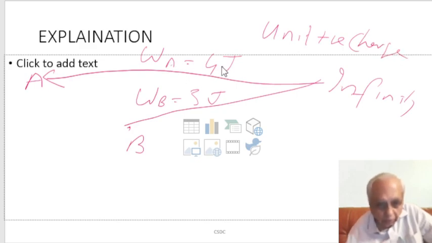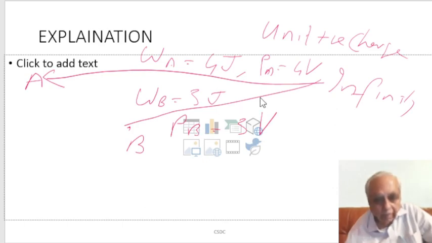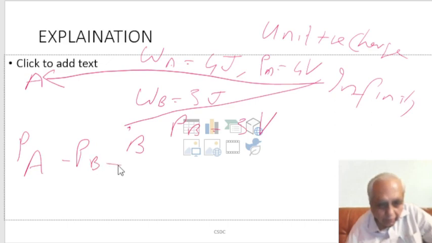So if the work done is 4 joule, the potential at A would be 4 volt. Potential at B would be 3 volt. So now what is VA minus VB? Potential at A minus potential at B would be 4 minus 3, which is 1 volt.